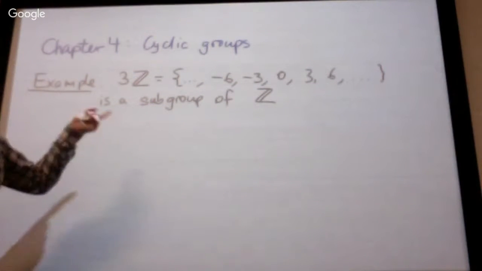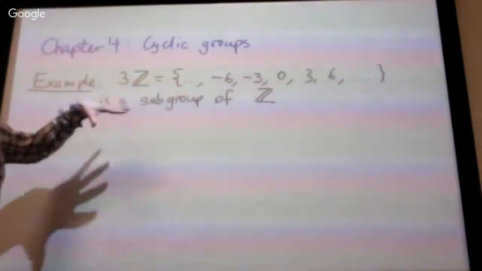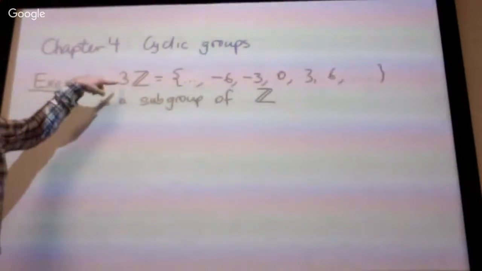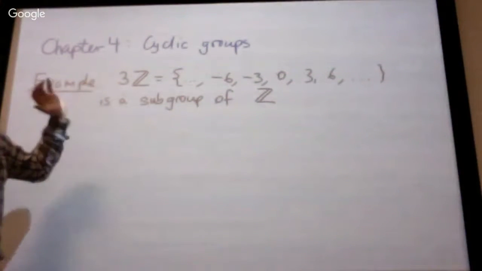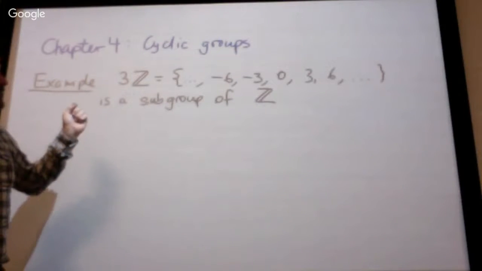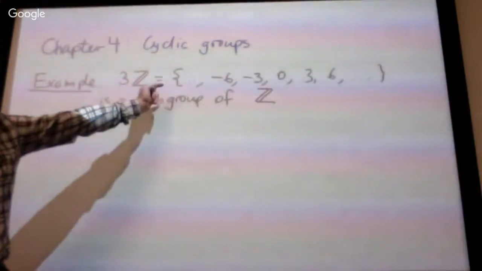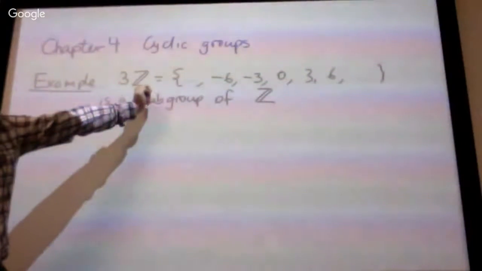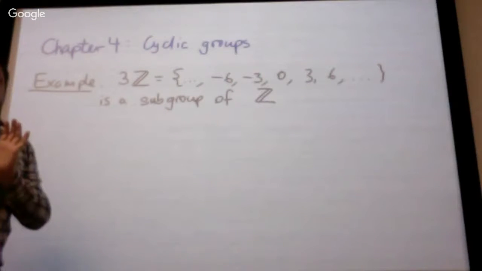Now, this subgroup here is somehow determined by the number 3. It's determined in the sense that if you have a subgroup of Z that contains 3, then you have to have all multiples of 3 as well, because otherwise it wouldn't be a subgroup. By adding the 3 with itself, you get all the positive ones.